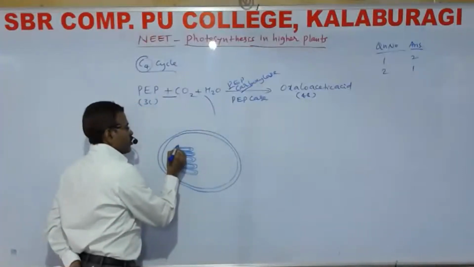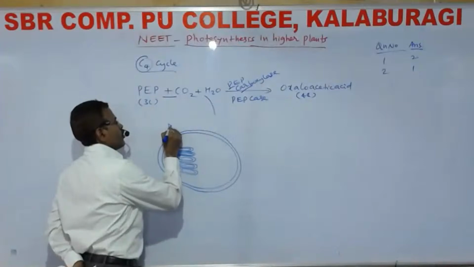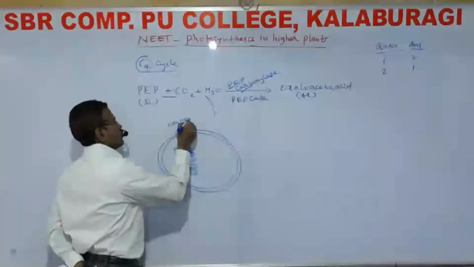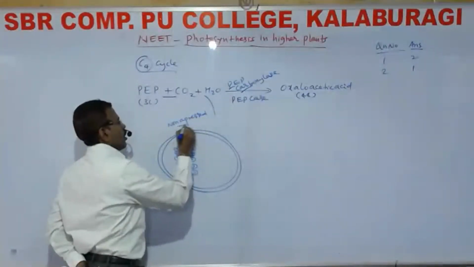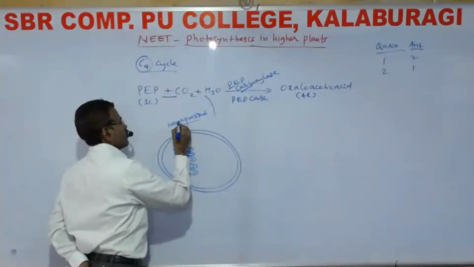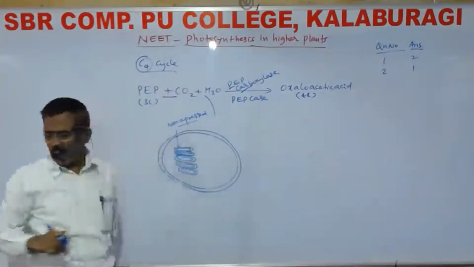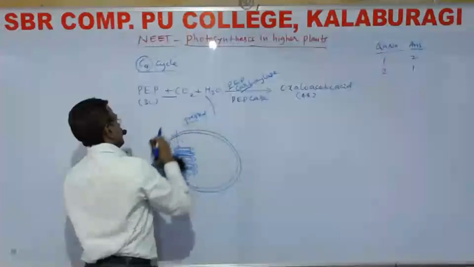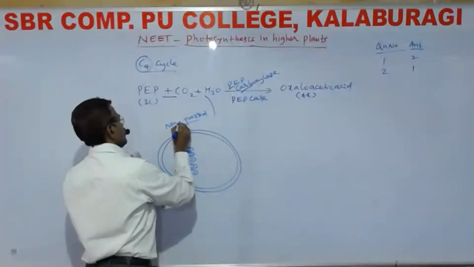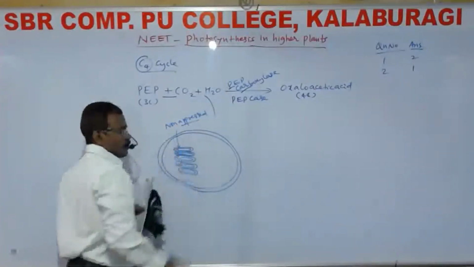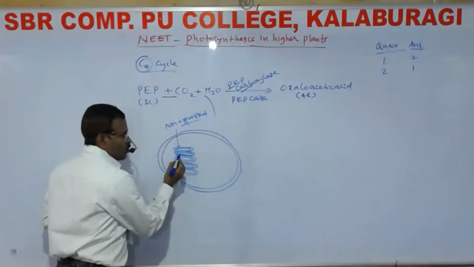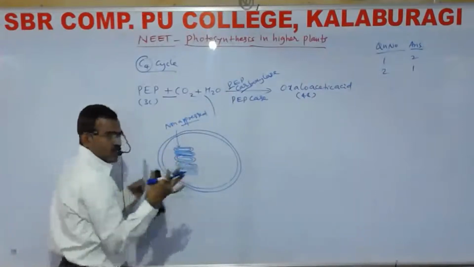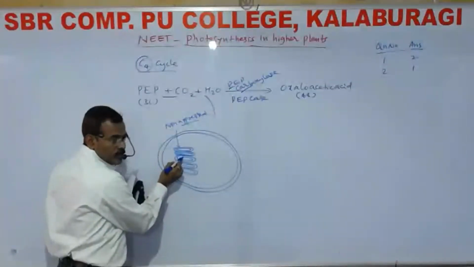This part, what you are seeing, is non-appressed, or unappressed, whatever you write. And these regions on both sides are the sandwiched appressed regions.